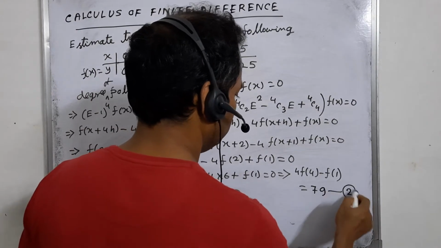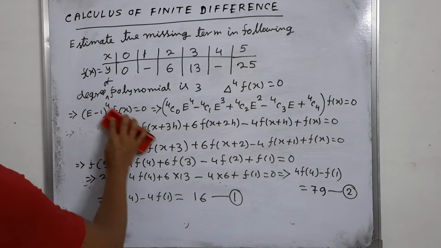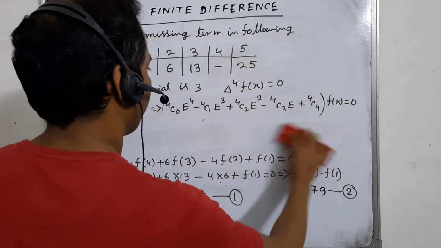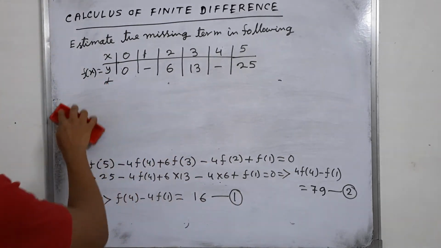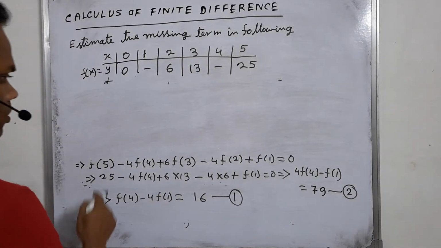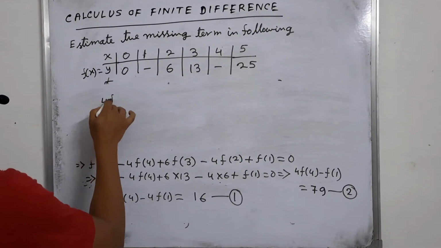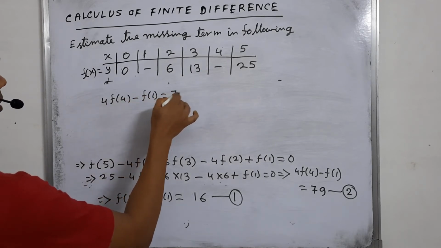This is equation 2. Now you solve equation 1 and equation 2. 4f4 minus f1 is equal to 79.